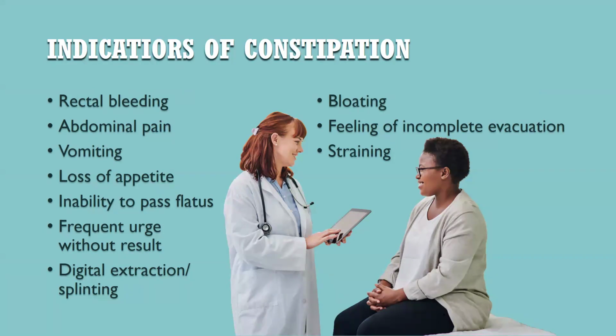Clients who report using their fingers to remove stool or to splint the area around their anus in order to get stool out, that is definitely a sign that there's an issue. Bloating, feeling like they're not able to have a complete bowel movement, or straining.